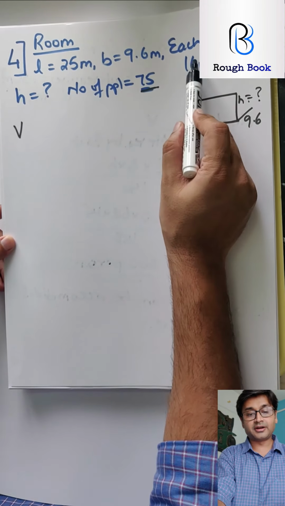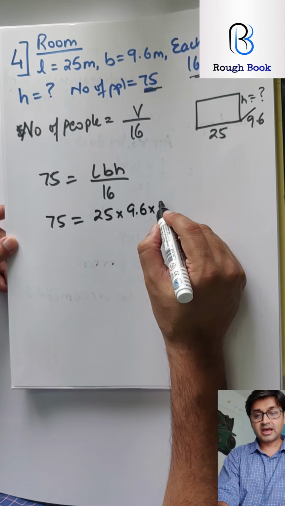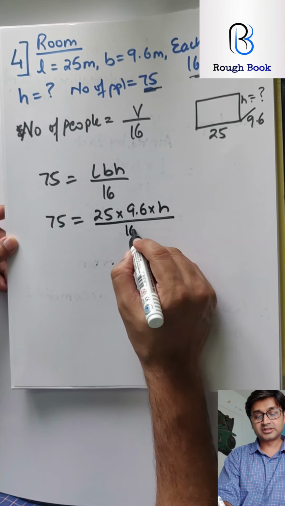So how many number of people? 75, is equal to the volume, so length into breadth into height, upon each requires 16. So 75, length is 25, breadth is 9.6 and height is unknown upon 16.